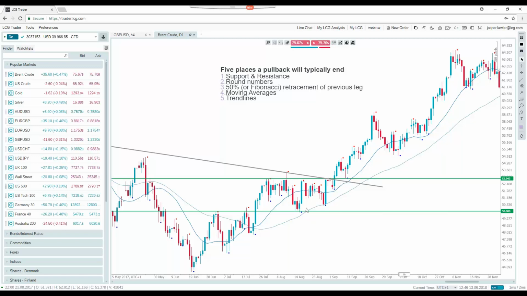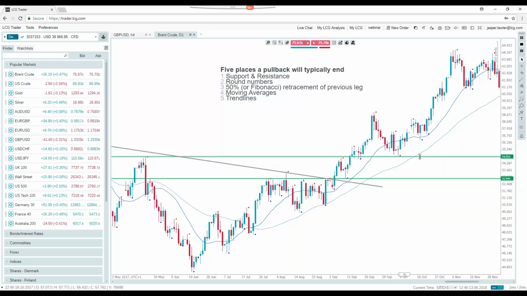So that obviously to some degree explains that 50 mark, and then equally you see this bigger pullback over here. Well, where does that end? You already kind of pre-guessed where I was going with this. It is indeed a combination of that old resistance area, which holds as support.